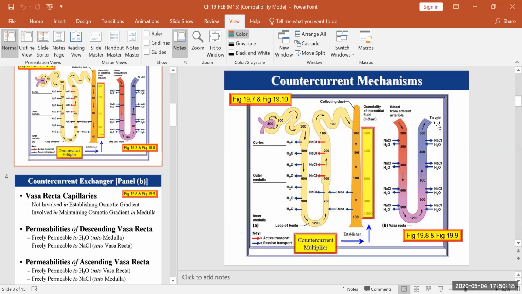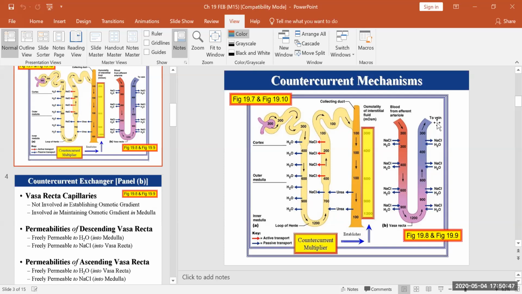If you pay attention to the arrows, in the descending limb of the loop of Henle, the black arrow is going down, but the blue blood vessel next to it, the ascending limb of the vasa recta, blood is going up. So even the interaction between the loop of Henle and the vasa recta has opposite flow.